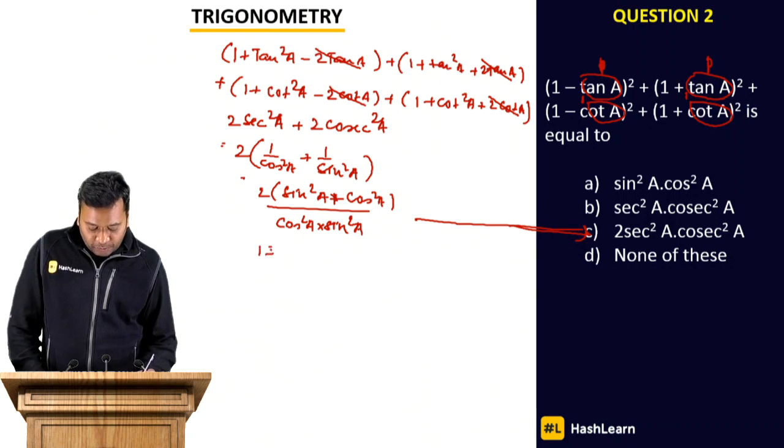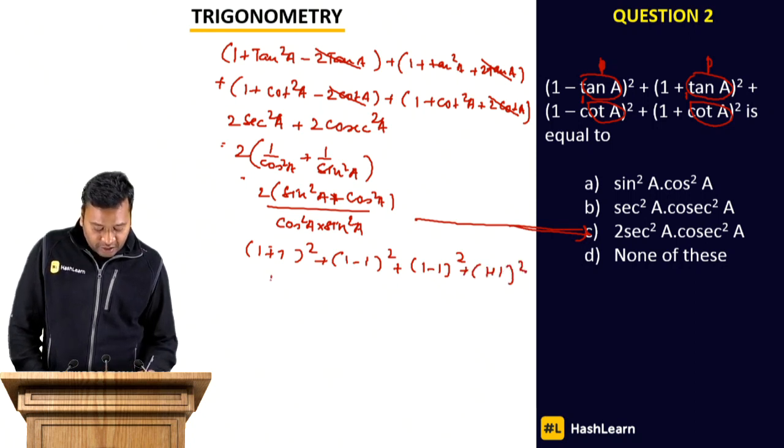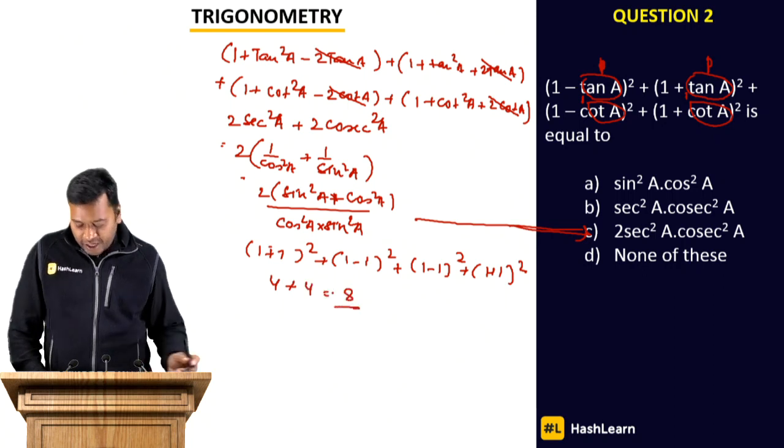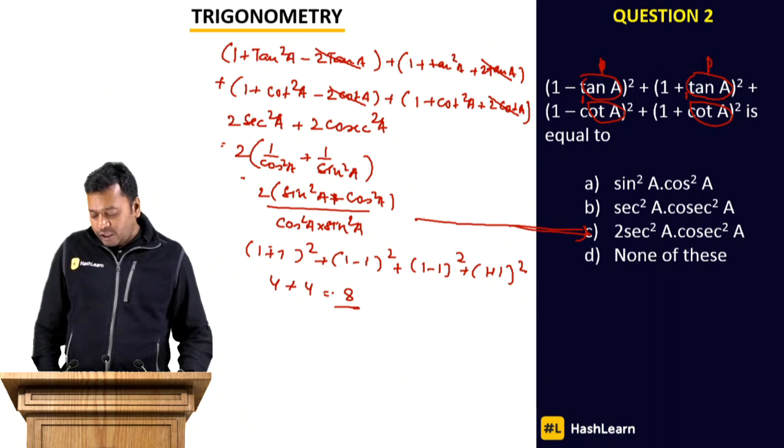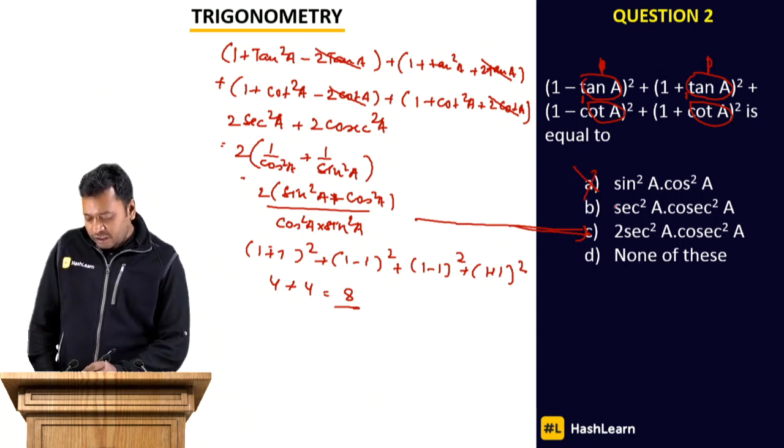So that's nothing but 1 plus 1 whole square plus 1 minus 1 whole square plus 1 minus 1 whole square plus 1 plus 1 whole square, right? That's nothing but 4 plus 4. That means my value is supposed to be 8, right? So sin 45 cos 45 तो नहीं देगा ये condition.